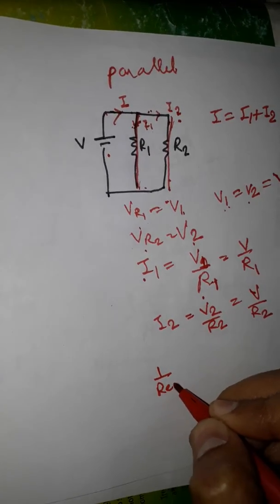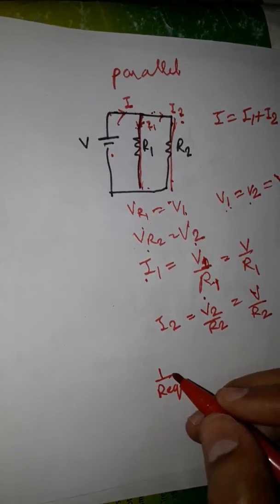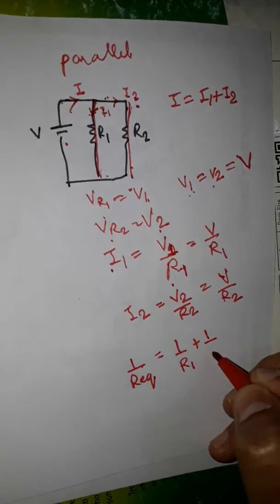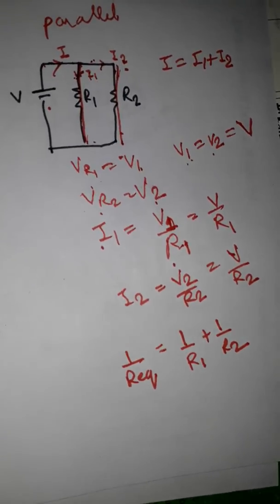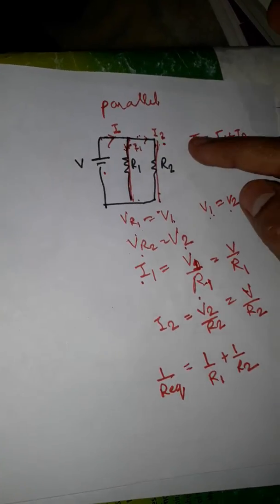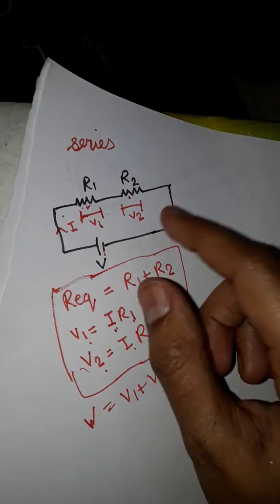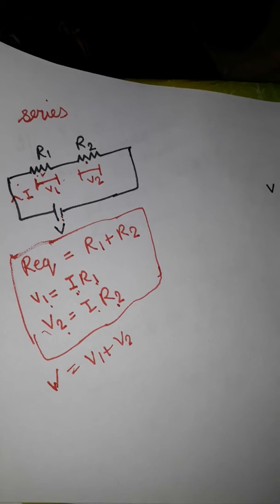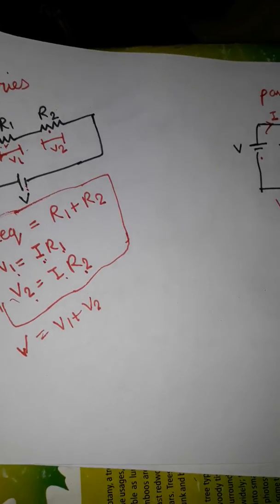To find the equivalent resistance, there is a formula: 1 upon R equivalent is equal to 1 upon R1 plus 1 upon R2. Always remember, in parallel connection, voltage remains the same whereas current gets divided. In series connection, current remains the same whereas voltage gets divided. So this is the brief idea of resistance.